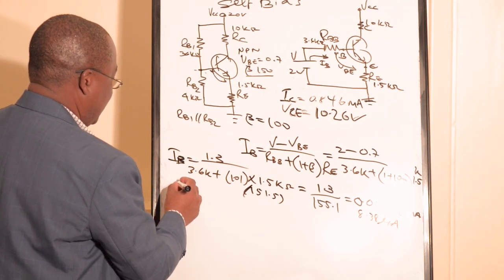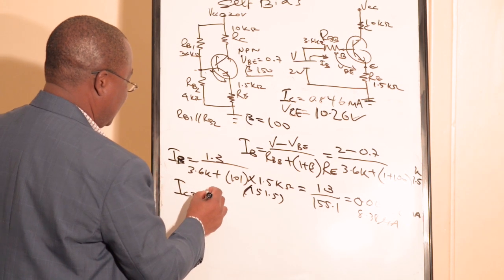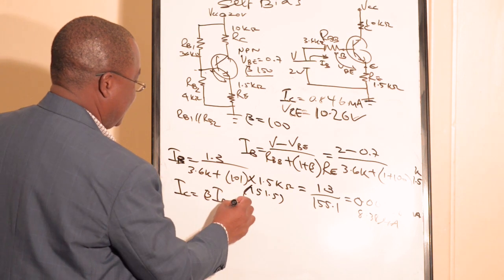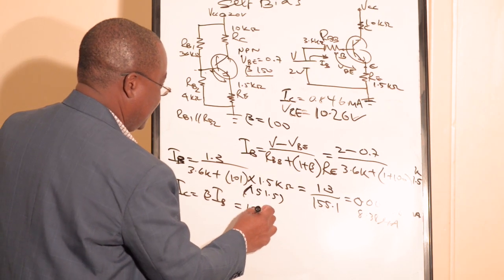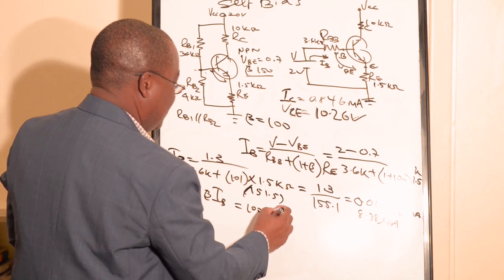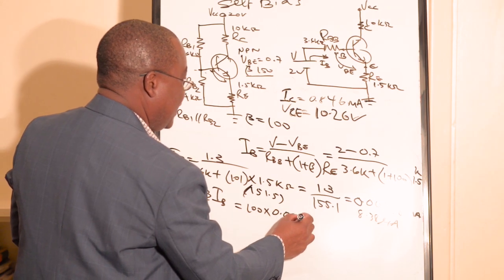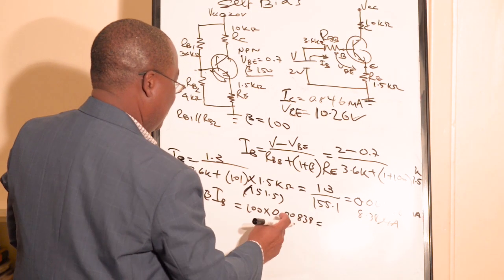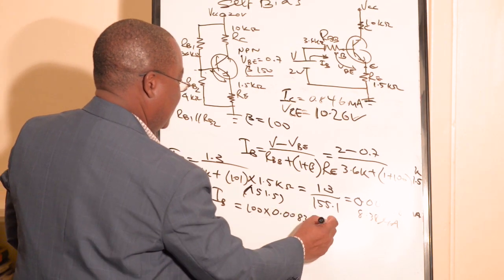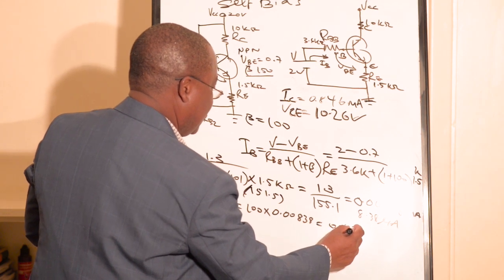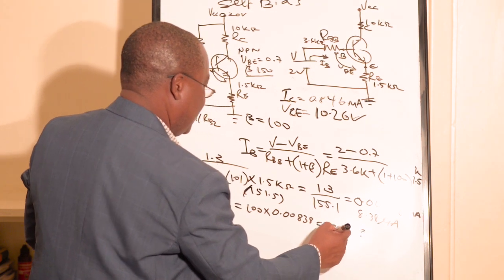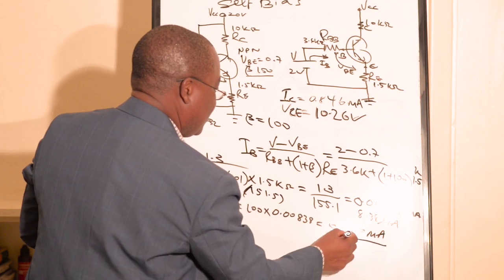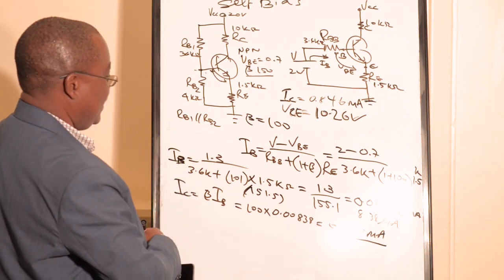Then our IC, the formula of IC is beta times IB. So beta is 100 times IB, 0.00838, which is equal to, we move 2 points, 0.838 milliampere. So this is our IC.